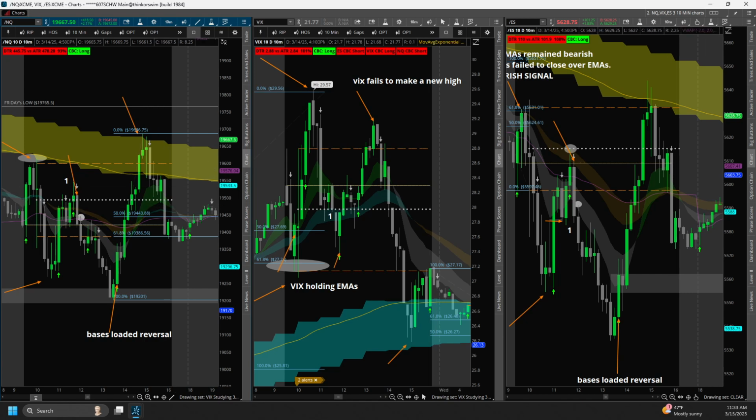Exactly, unless we start breaking some highs and take out big higher time frame bears like a previous day's high, which we did for the first time yesterday. We actually took out the highs from a previous day for the first time in this whole month almost. The downtrend's been a month now about.